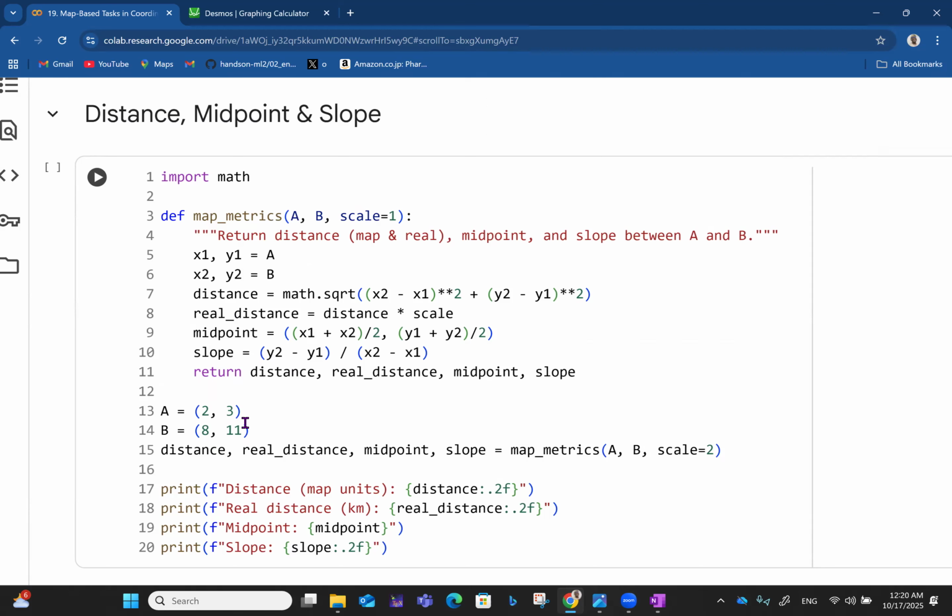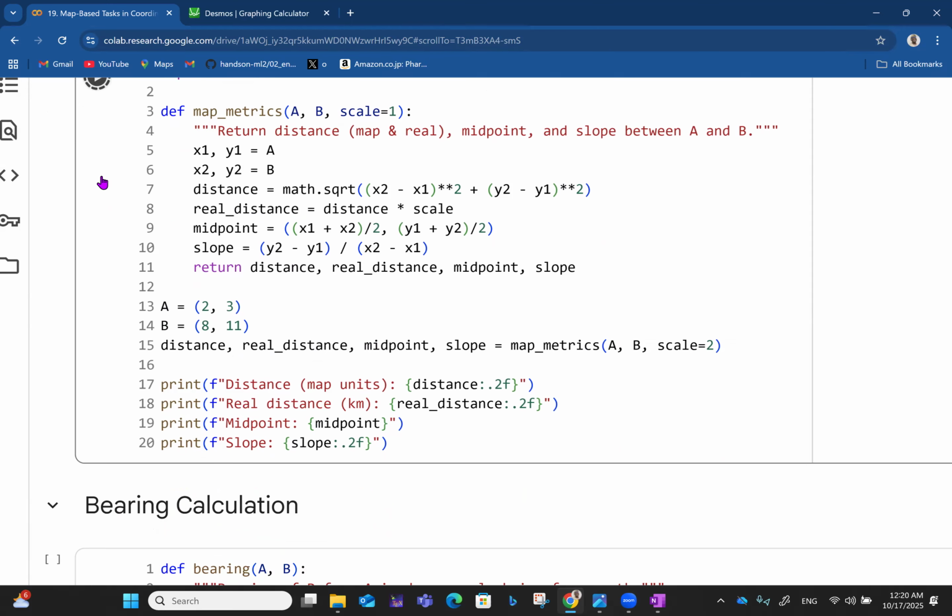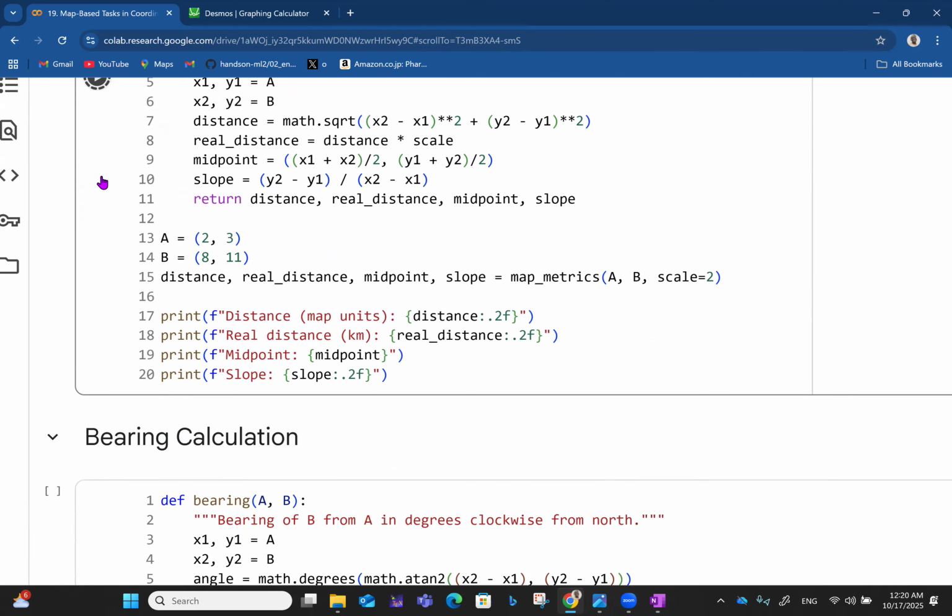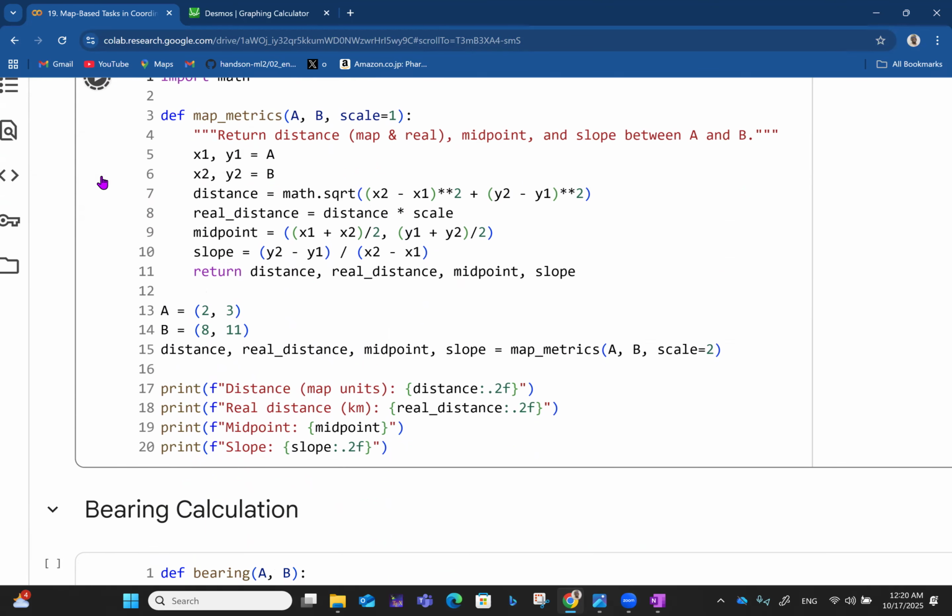So we take A and B in, and the scale here is 2. If you don't change the scale to 2, it will use the default scale. Then it will print distance in map units, distance in real kilometers, the midpoint and slope. So it's like you're taking metrics for 2 points on your map.